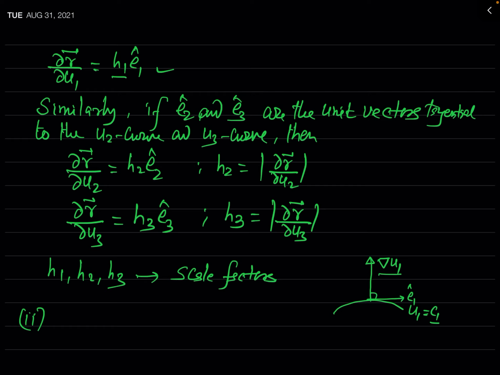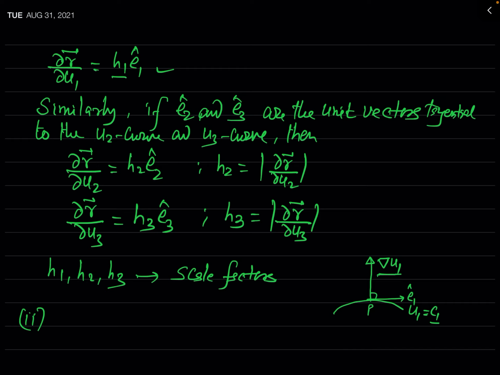So if you consider a point P on this surface u1 equal to c1, which is known as a level surface, then the gradient of u1 is normal to this level surface. This is simply the geometrical meaning of the gradient of a scalar function.